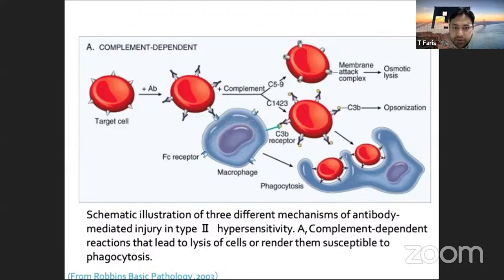So this is a schematic illustration of three different mechanisms of antibody-mediated injury in type 2 hypersensitivity. A is the complement-dependent reaction that leads to lysis of cells or renders them susceptible to phagocytosis. In other words, the complement system is a manipulation of the immune cells to kill the target cells, right?